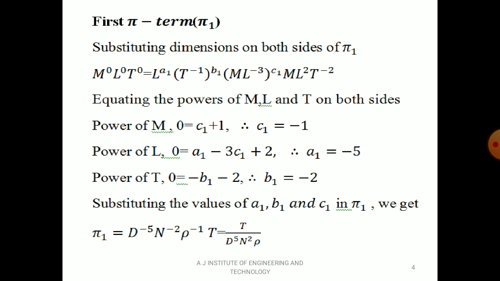So substituting dimensions on both sides of pi 1. Pi 1 is given by d to the power a1 into n to the power b1 into rho to the power c1 into torque. So we can substitute dimensions on both sides.